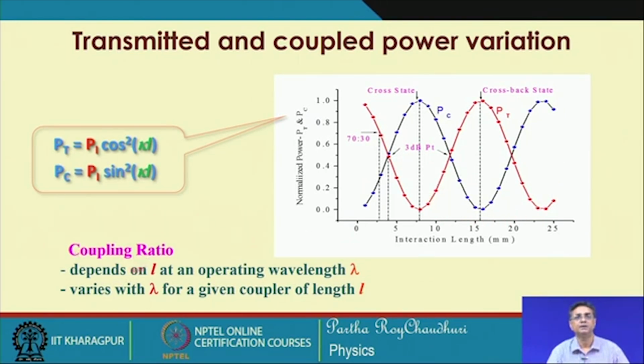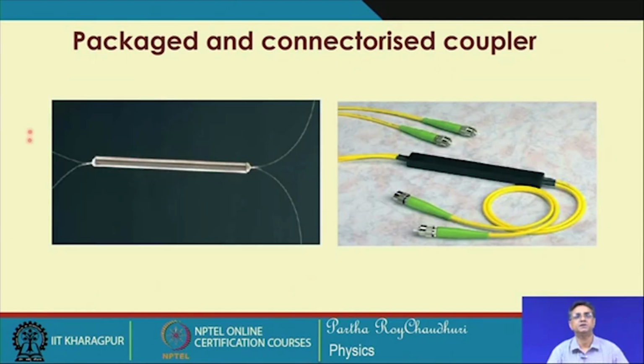This coupling ratio, that is the splitting ratio, depends on L at an operating wavelength lambda, and it varies with lambda for a given coupler length. If the length is fixed, then it depends on wavelength, but if the wavelength is fixed, then it depends on the length of interaction. So this is the basic principle.